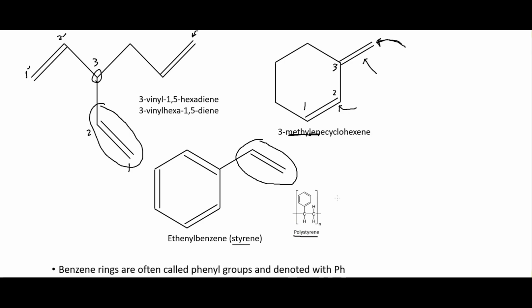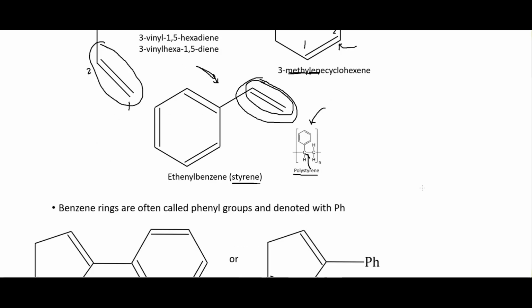If you know anything about polymer chemistry, this is a polymer, and it's made with these ethynyl benzenes as monomers. And this double bond, and we're not going to talk about the reactions of double bonds, but this double bond is what's used in the reaction to link a bunch of these together. But anyway, that's why they call these styrenes right here.